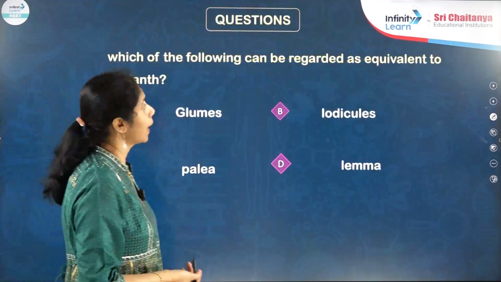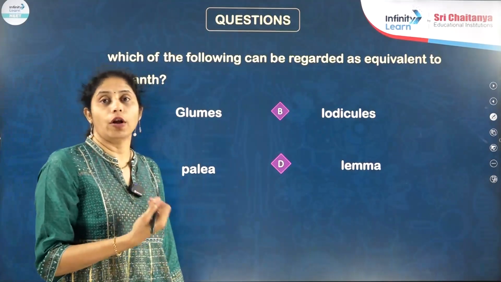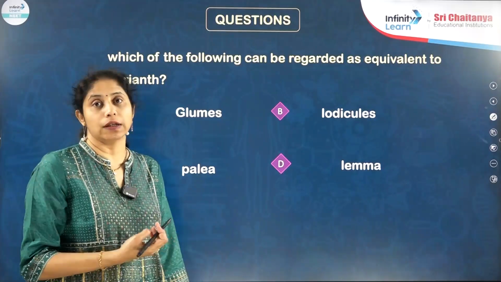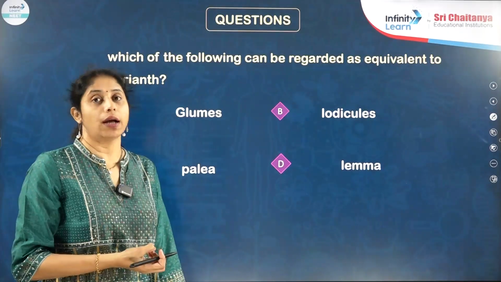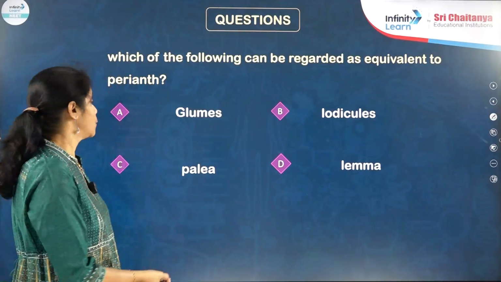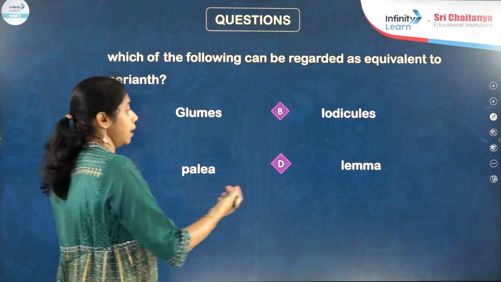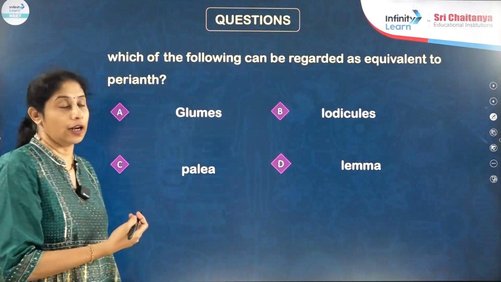Which of the following can be regarded as equivalent to perianth? In the floral formula I have already written that perianth is present in the Poaceae family, written as P2, and they are called lodicules. Glumes are the sterile bracts; palea and lemma are the fertile bracts.